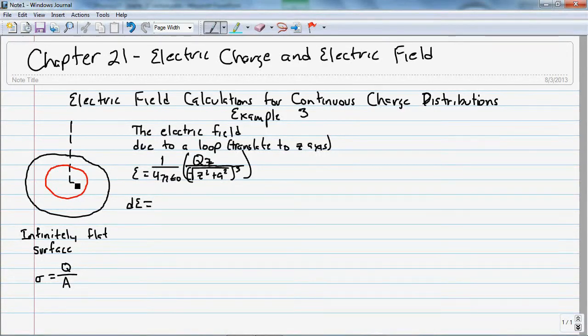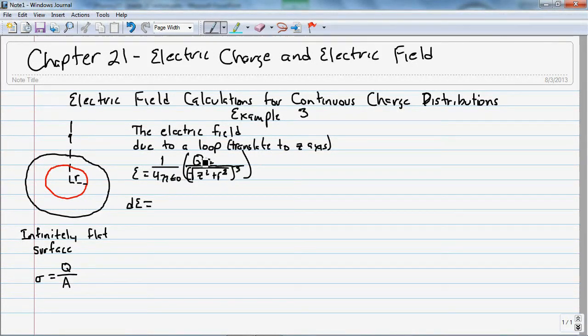And let's define this distance as r. Just changing some variables around here, not a problem. So r is a constant, and z will be a constant because it'll be some value that I specify. I say, okay, I want to know the field here.